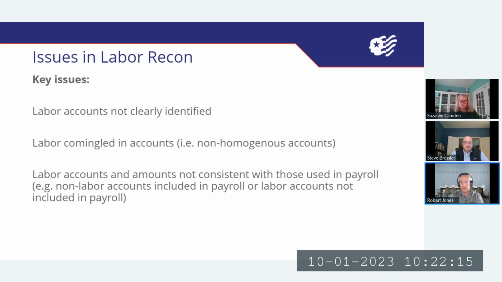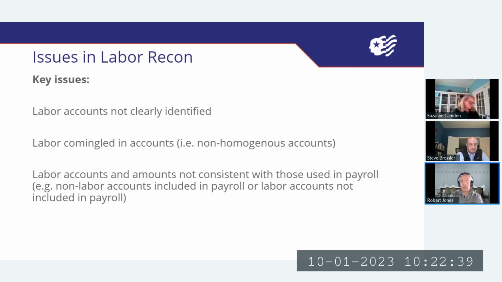The other thing, and it's kind of related to what Steve was starting to say with the reconciliation, is that the labor accounts and amounts that are used are not consistent with those used in payroll. For example, we recently were working on a client's books. They had some accounts labeled as labor.